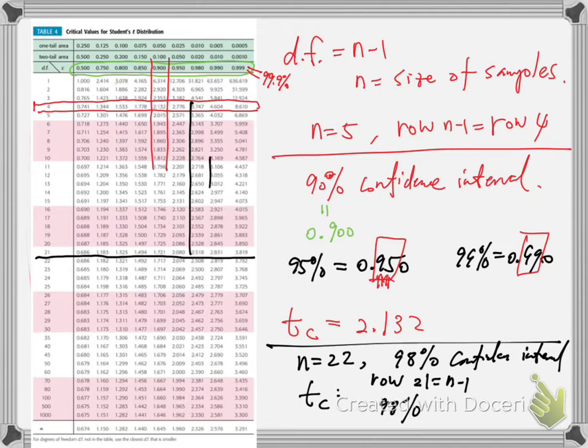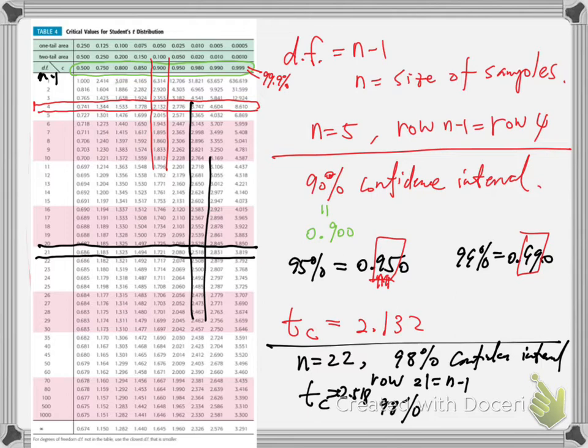So this is 21, and this is the 98 column. So it's 2.518. That's how we find Tc using table 4. Again, the first column is n minus 1, and the bottom of the green part is the confidence level.